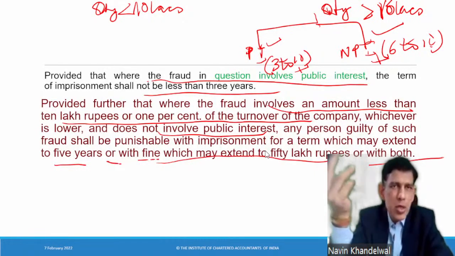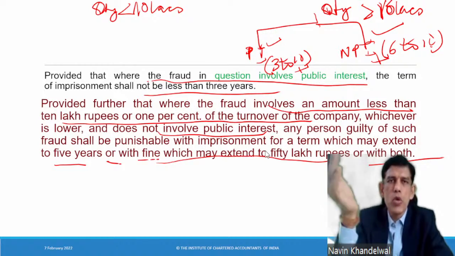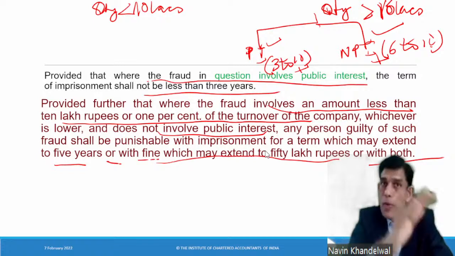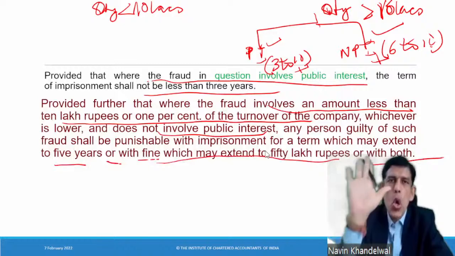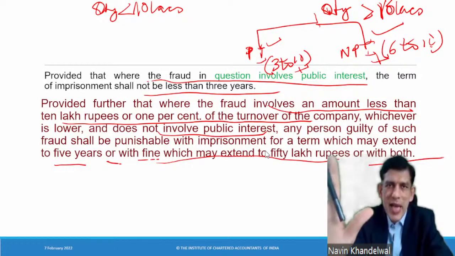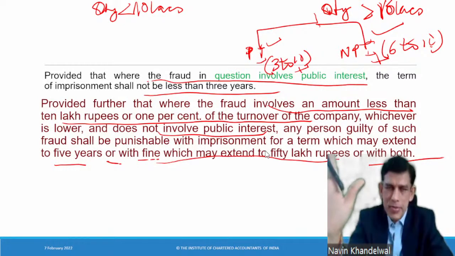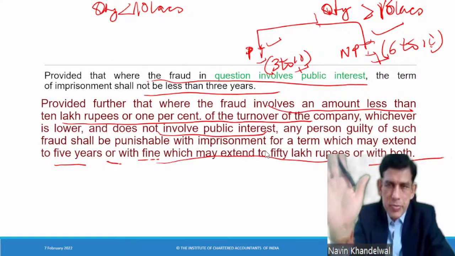That is up to the court to decide. So if the quantification is less than 10 lakhs and there is no public interest, the term of imprisonment is 5 years or fine maximum up to 50 lakhs, or it can be clubbed, either of it.